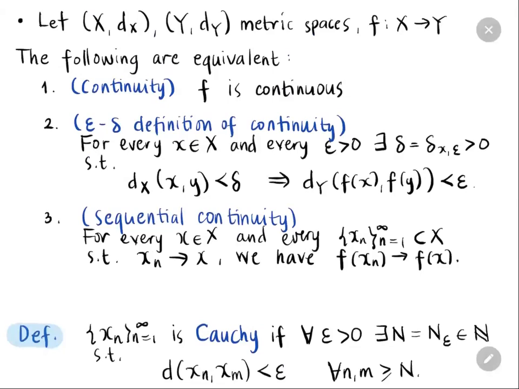A sequence is said to be Cauchy if for every positive number epsilon, no matter how small, you can find a positive integer N depending on epsilon, such that the distance between the terms of the sequence having indices greater than or equal to N is less than that given epsilon.